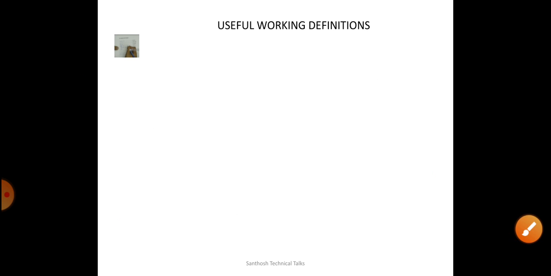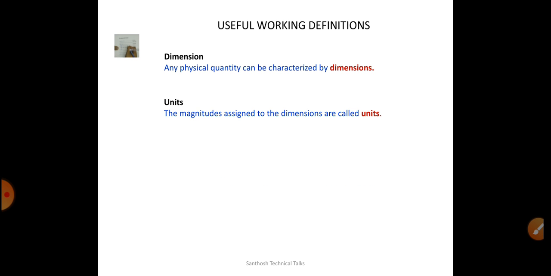Okay. Next, some useful working definitions. Dimensions: any physical quantity is characterized by a dimension. If we say the quantity of rice bag, that is called a dimension. So mass is a dimension. The unit is the magnitude assigned to the dimension.